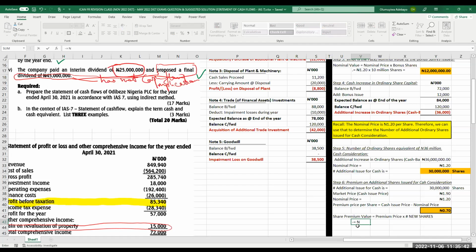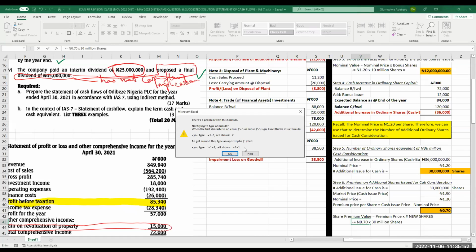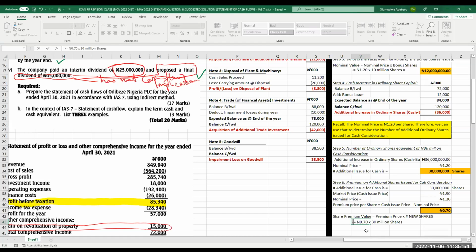That is 70 kobo multiplied by 30 million shares. And what does that give us? 70 kobo and 30 million shares give us 21 million naira.